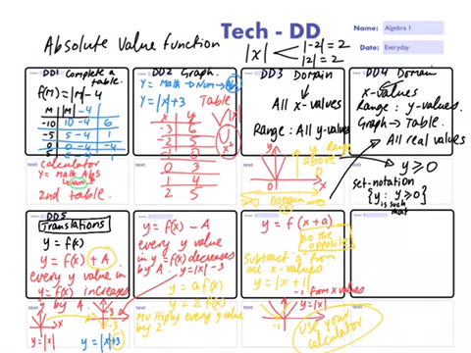Similarly, if you have a negative, do the opposite. What does that become? Plus a, right? So if the function were y is equal to mod of x minus 1, and this is only when it's in the parentheses, okay? So minus 1, let's clear it.